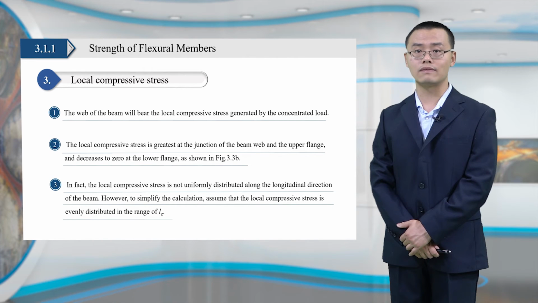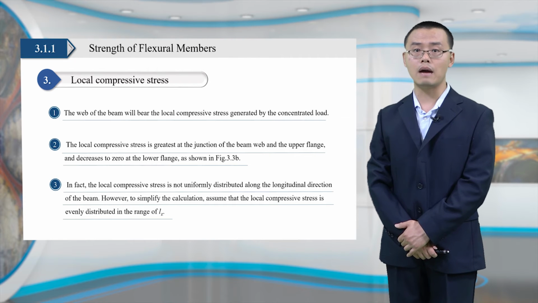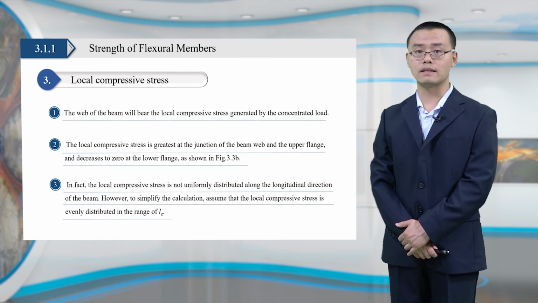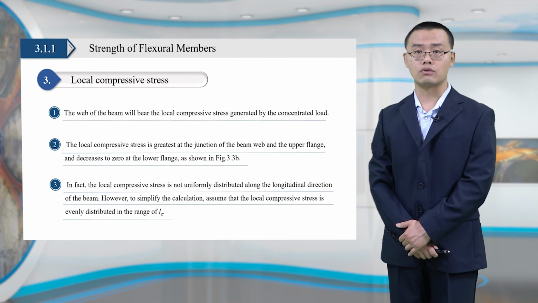The local compressive stress is greatest at the junction of the beam web and the upper flange and decreases to 0 at the lower flange, as shown in figure 3.3b. In fact, the local compressive stress is not uniformly distributed along the longitudinal direction of the beam. However, to simplify the calculation, assume that the local compressive stress is evenly distributed in the range of Lz.